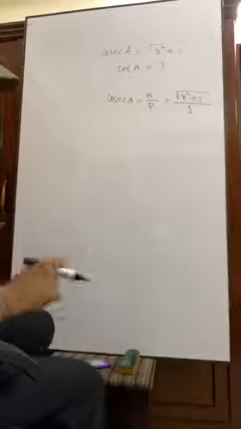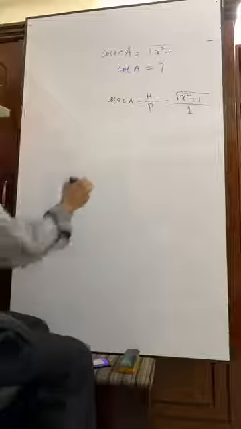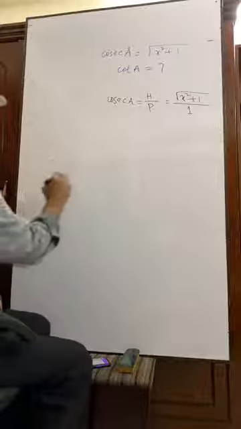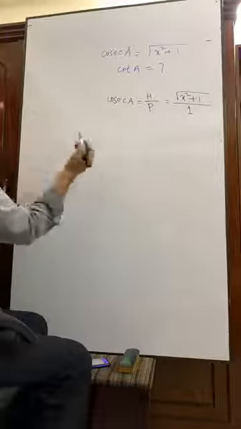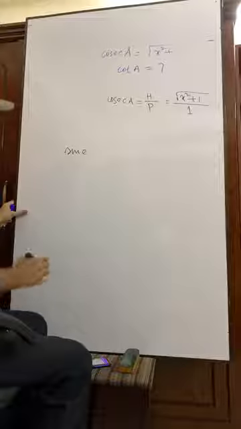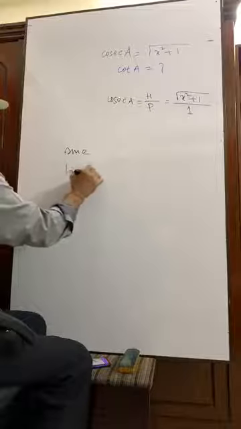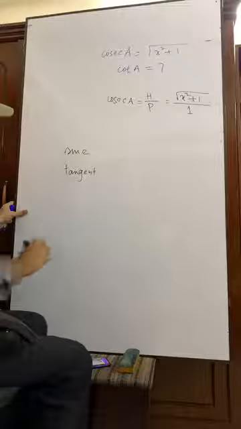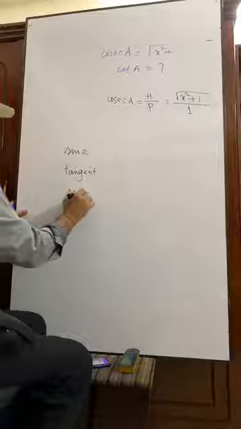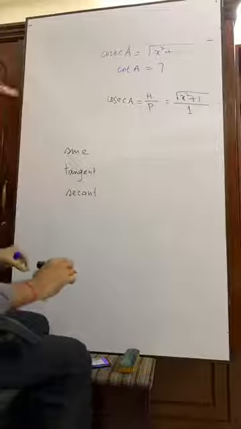One thing is to be told. Suppose you try to understand like this. At first, 3 ratios: sine, then tangent, then secant. These 3 ratios were used.